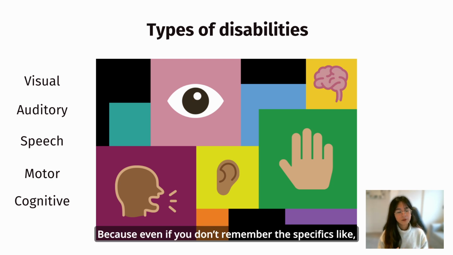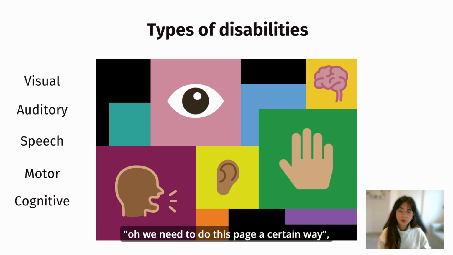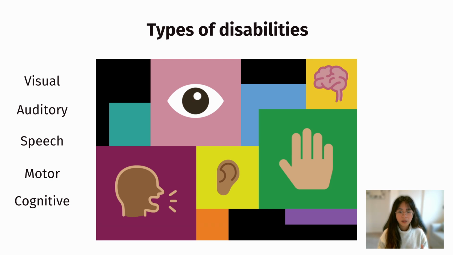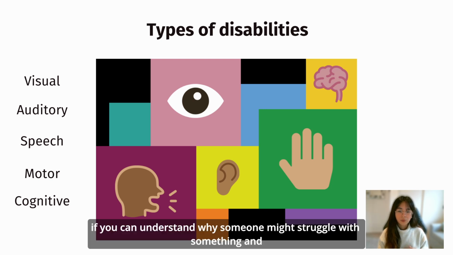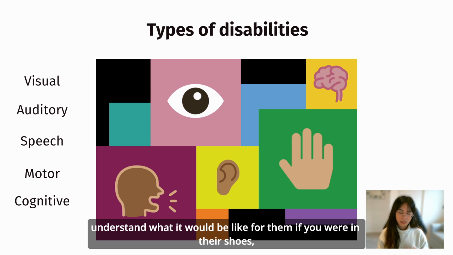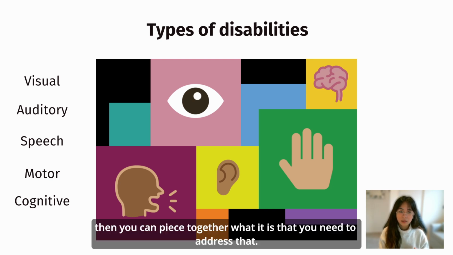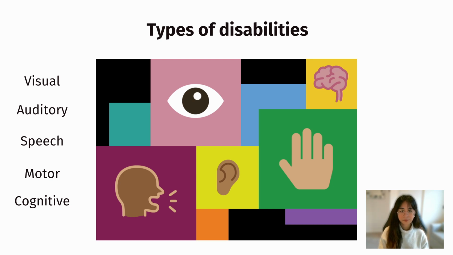Because even if you don't remember the specifics, like, we need to do this page a certain way, or this element needs this attribute, if you can understand why someone might struggle with something and understand what it would be like for them if you were in their shoes, then you can piece together what you need to do to address that.